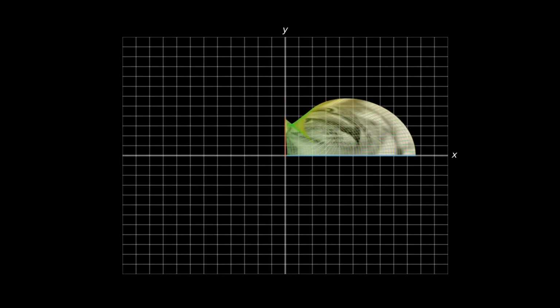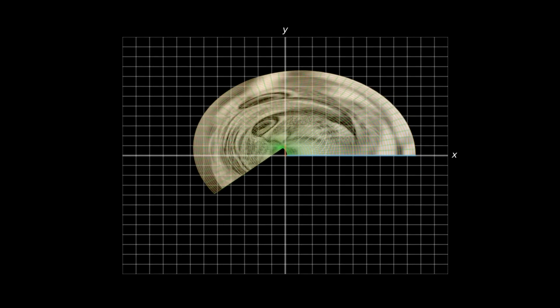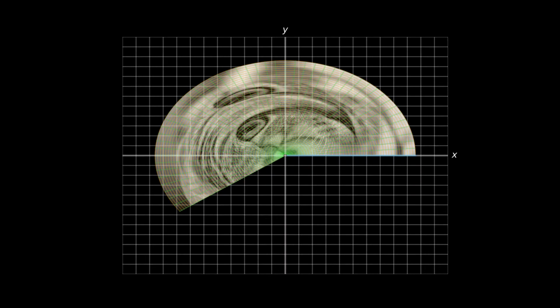And we'll go through and directly see what's happening when we apply this transformation. And what we're seeing here is a very clear picture showing exactly what the polar coordinate transformation is doing to points in the r-theta space.